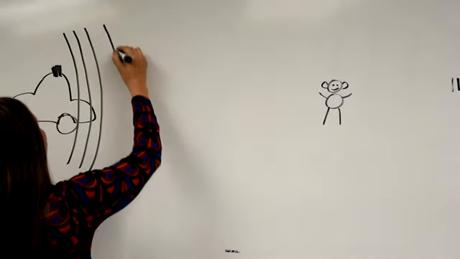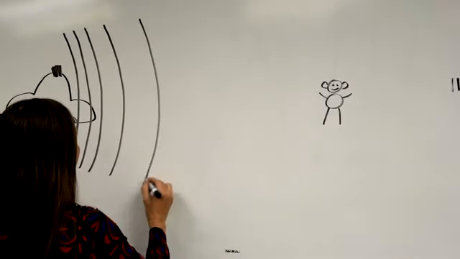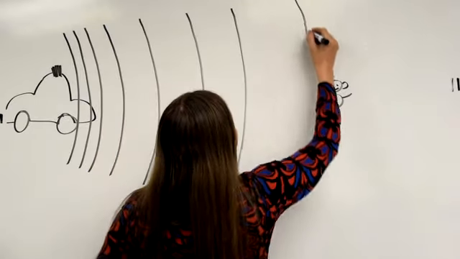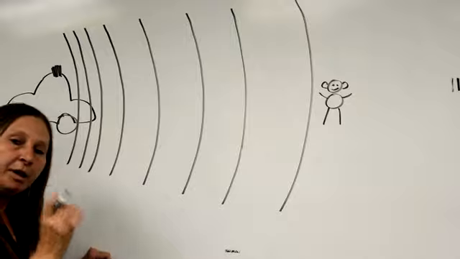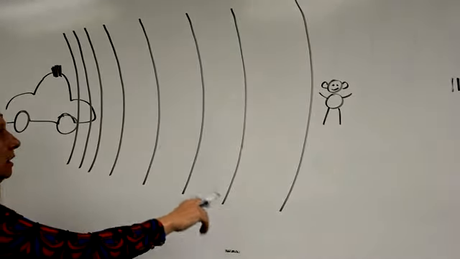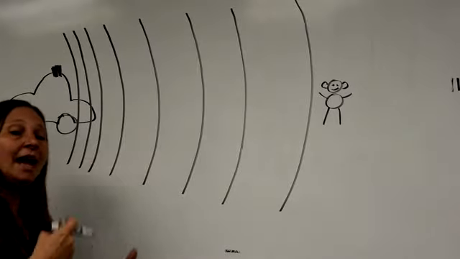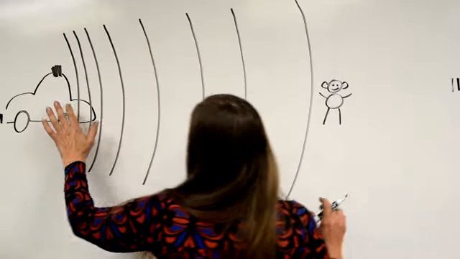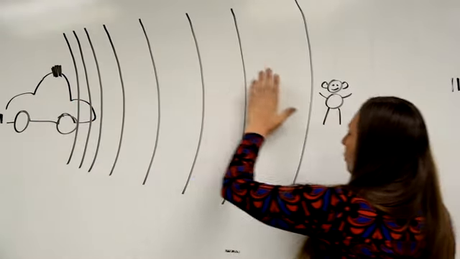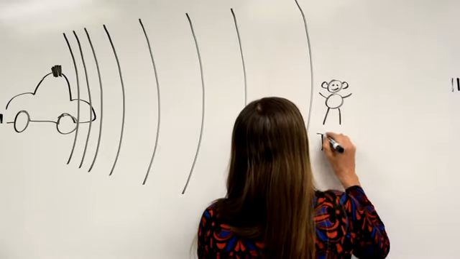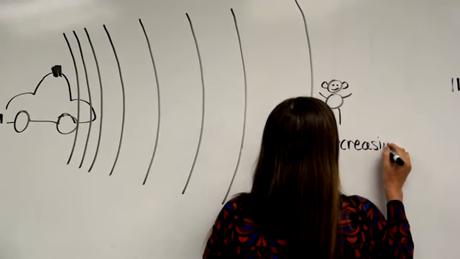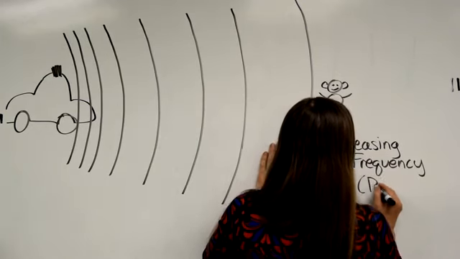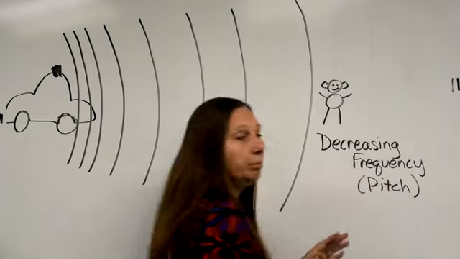So what's going to happen is the wave fronts are going to start spreading out. So what's going to happen to the pitch as the police car is going toward the person and slowing down, decelerating, if you will? It's going to sound a higher pitch to a lower pitch. So this is going to be decreasing frequency or decreasing pitch.